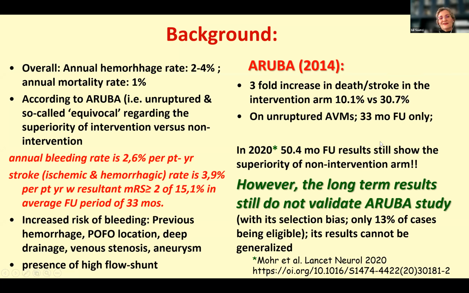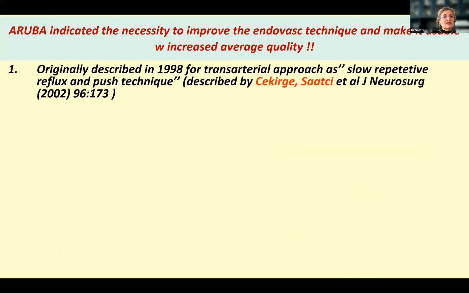However, it deserved very valid criticism with its selection bias, and the results cannot be generalized, etc. But ARUBA also indicated the necessity to improve the endovascular technique and make it usable with increased average quality. It had not been for everyone, so it should be improved.